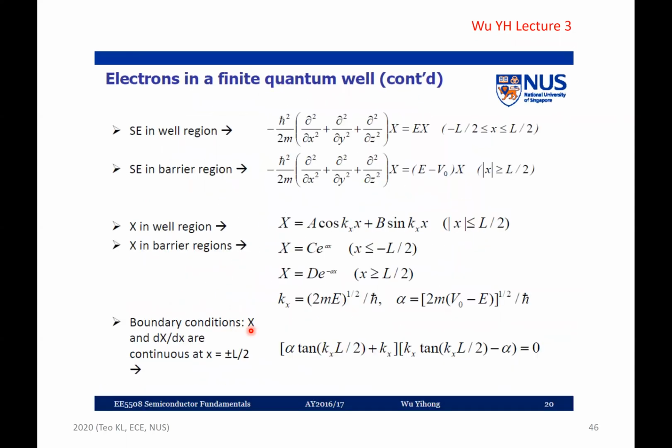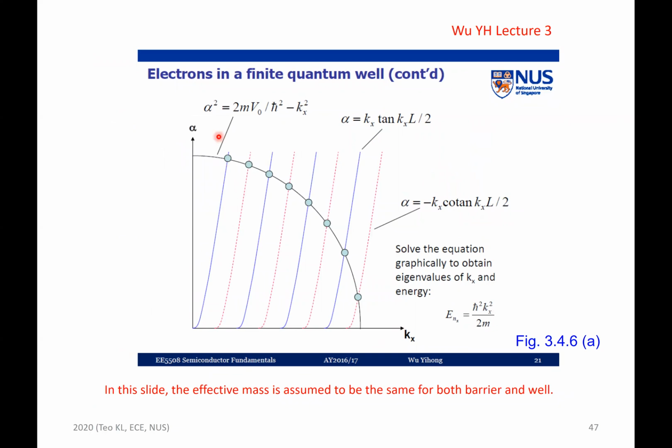This is Prof. Wu's course. The intercept here gives you the energy value. So we can solve the equation graphically to obtain the eigenvalue, either the k or the eigenenergy. The eigenvalue is for the wave function, the eigenenergy is your electron energy. These slides I took from Prof. Wu's course for a finite potential barrier, or a finite well.